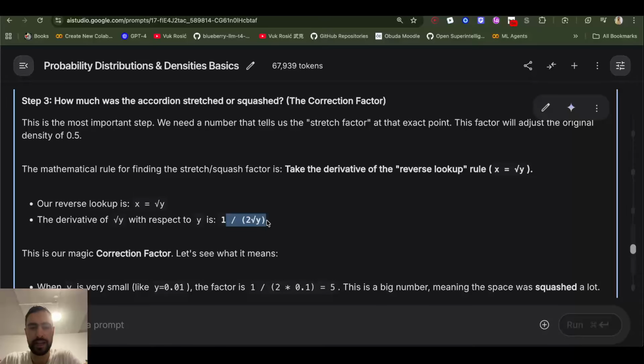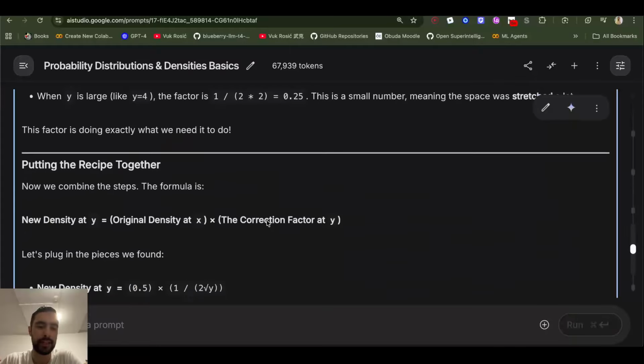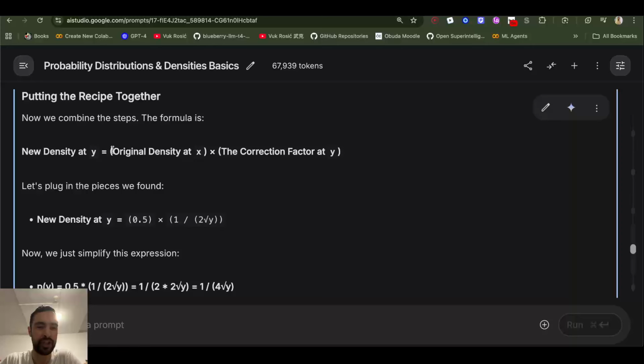That will tell us how much the probability is stretched or squished at this place. And so we can just multiply the original probability at that place with the stretch or squish factor. So this is the new density function.